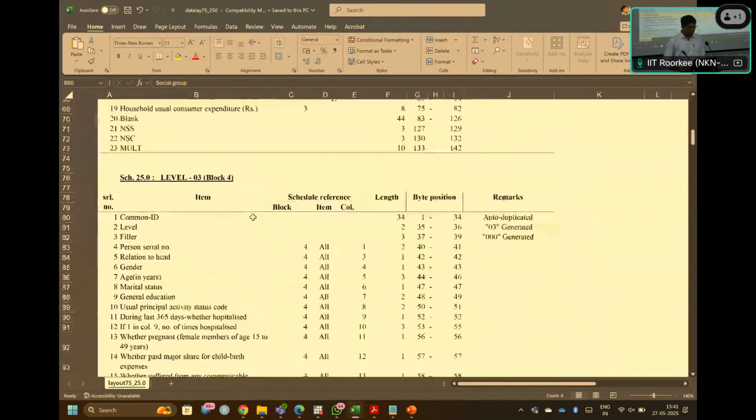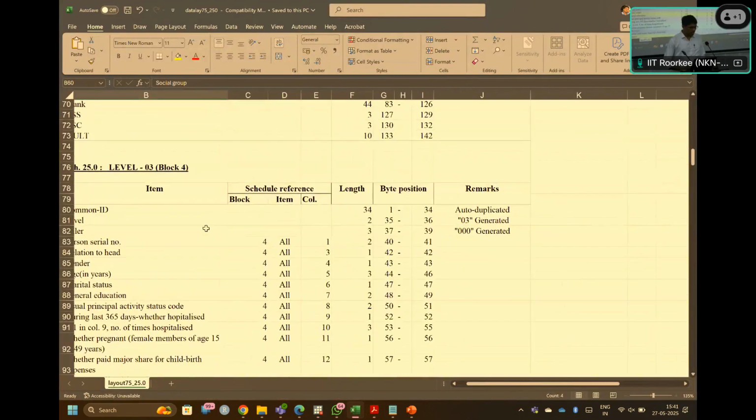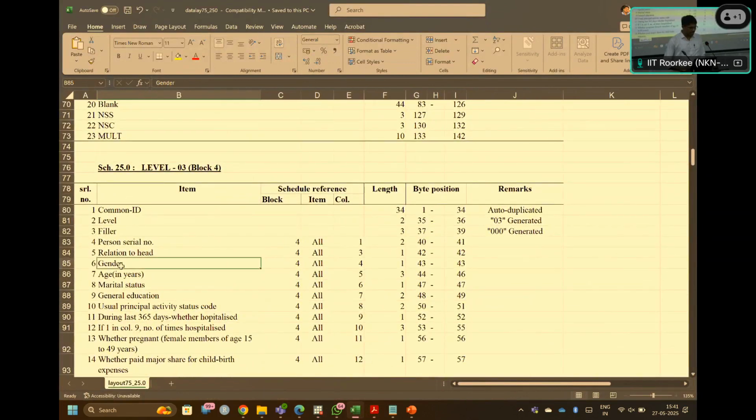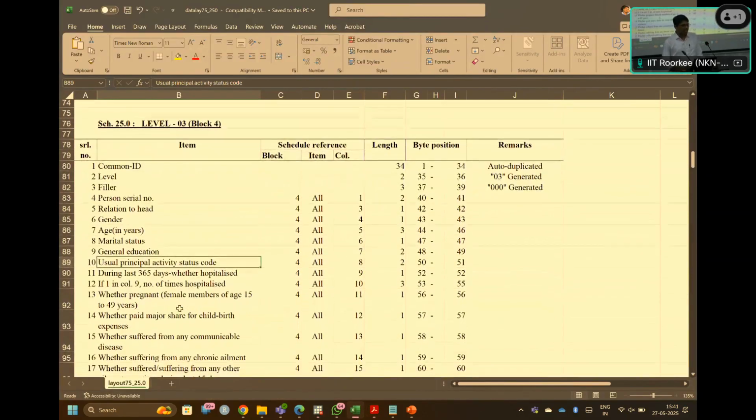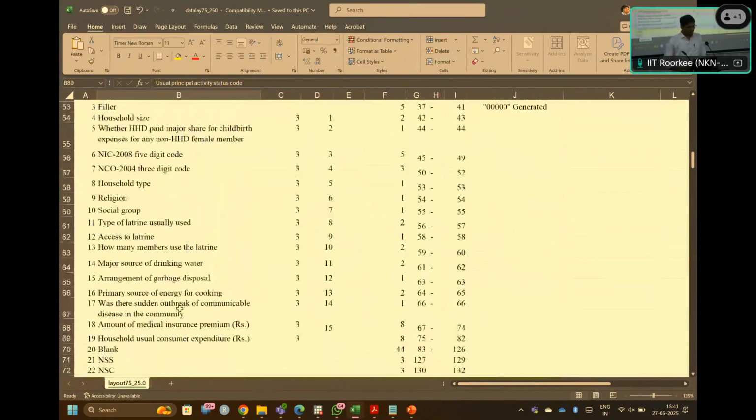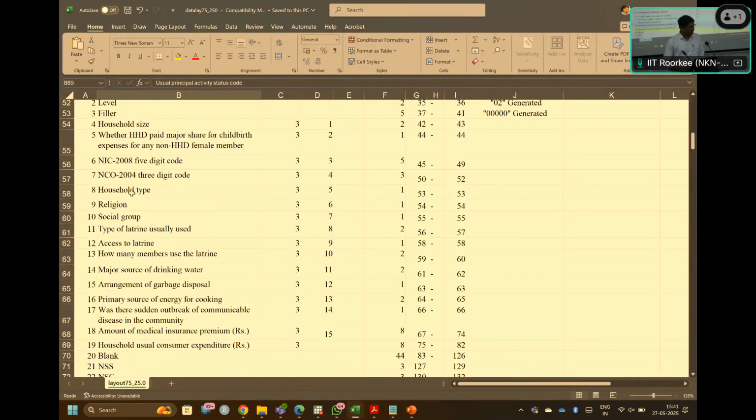This is level number 3. Level number 3 has gender as a variable, age, then marital status, general education, then their principal activities, etc. Whereas level number 2 is of household type, religion, social groups, etc.